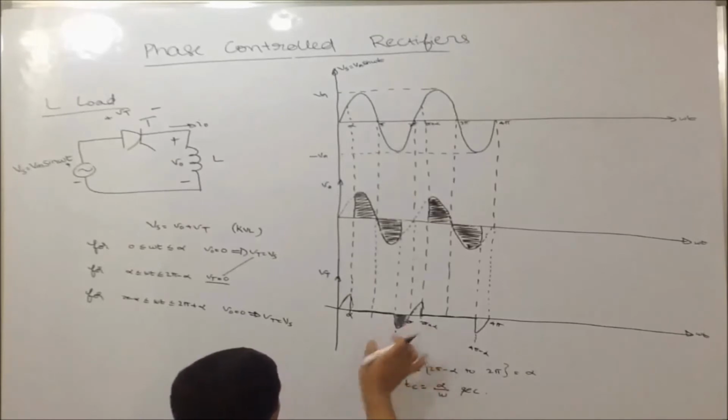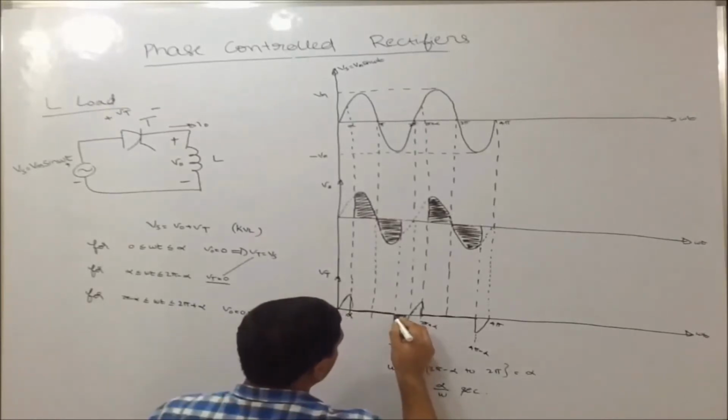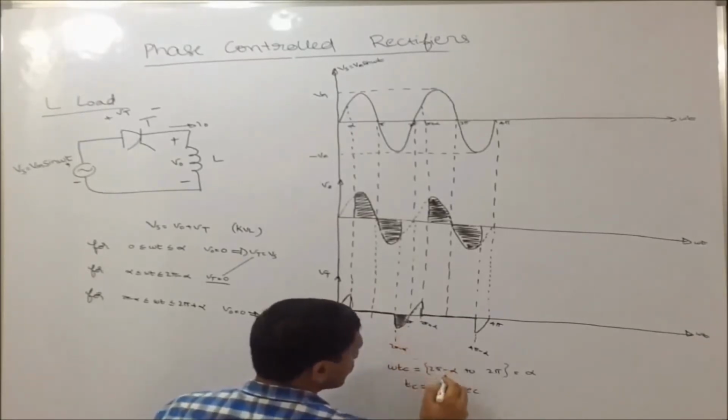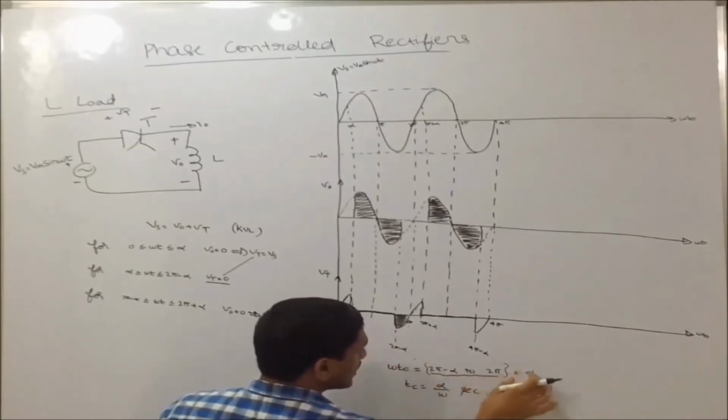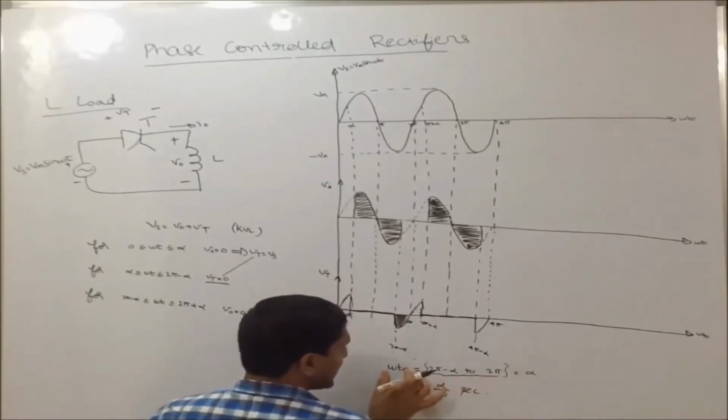For calculating the commutation time, I have to see when I am getting the reverse voltage across the thyristor. I am getting reverse voltage in this portion, that is 2 pi minus alpha to 2 pi. For a period of alpha, the voltage across the thyristor is negative. But alpha corresponds to omega t time.